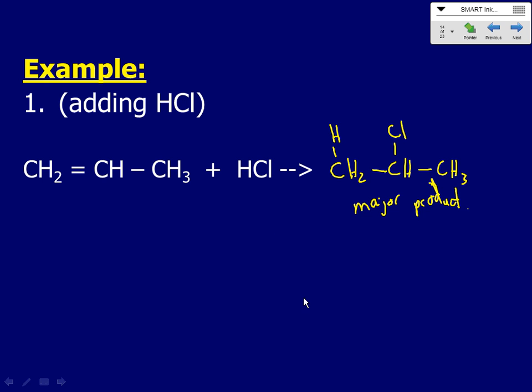That's not to say that the other product does not get formed. Let's write out what would happen if it went against Markovnikov's rule: Cl, CH with the H, and CH3. This is what we would call the minor product.